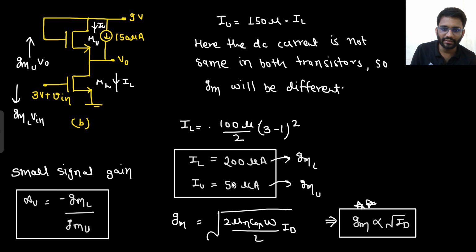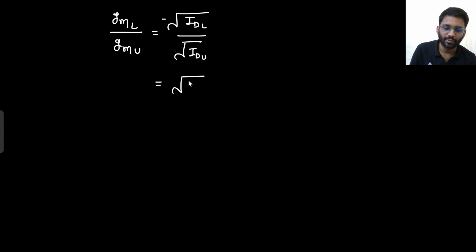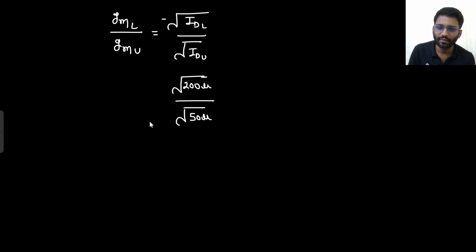So current in the upper one is 200 micro, and current in the lower one is 50 micro. So GML divided by GMU is, what is that value?